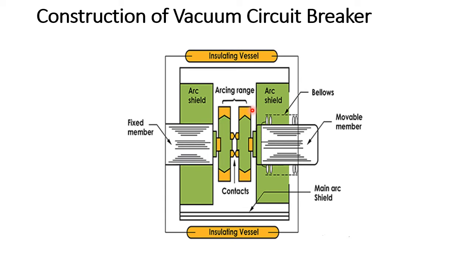The outer insulating body is made with glass and has a high vacuum capacity. The movable member, that is the moving contact, is connected to the bellows. So the arc shield prevents the deterioration of the internal dielectric strength by preventing the metallic vapors from falling on the inside surface of the outer insulating body.